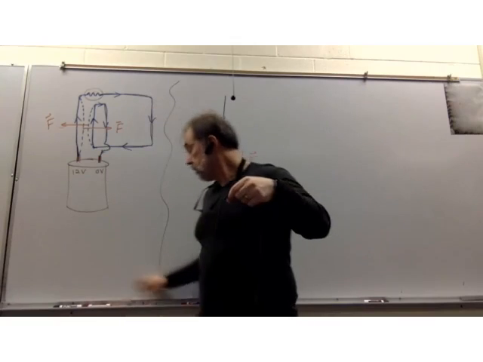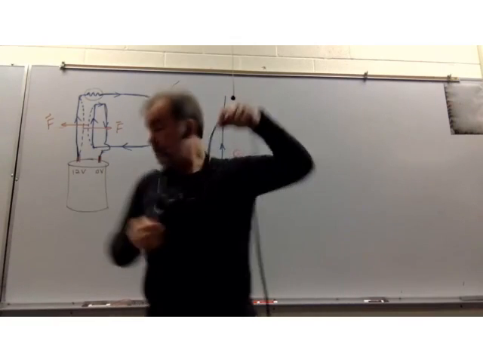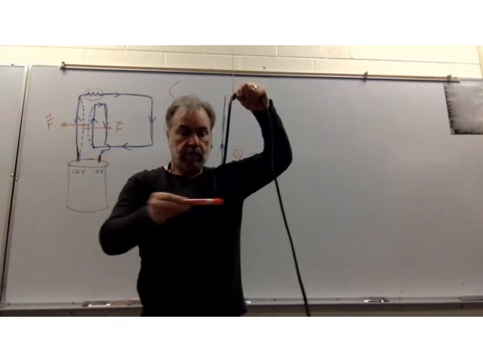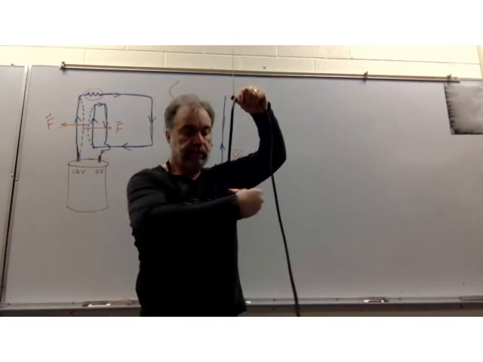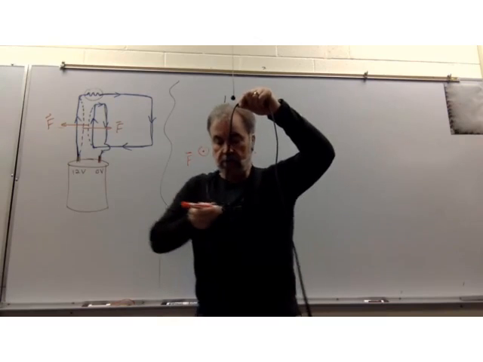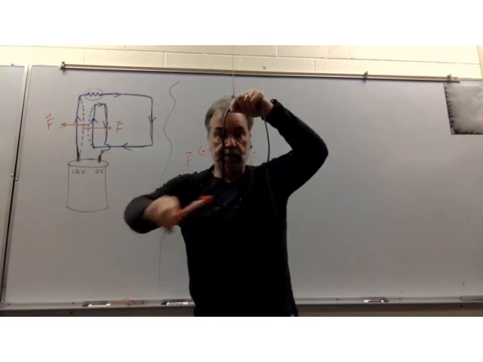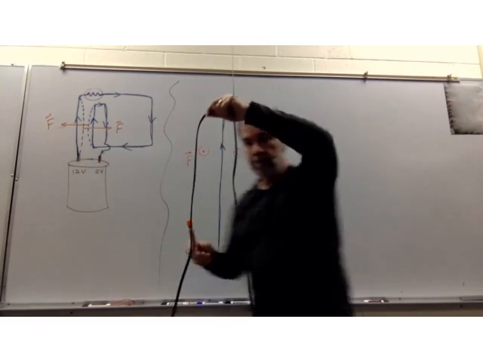It simply does this. Get a red pen, easier to see. Compass needle, as I move the compass around, the compass needle itself spins around in the sense that I'm sort of trying to describe here. Okay.